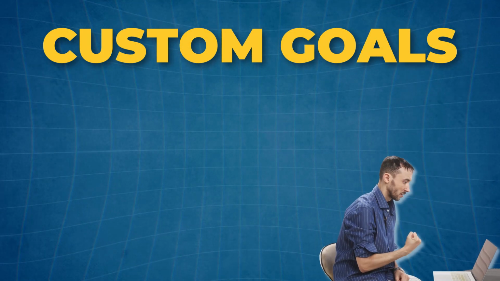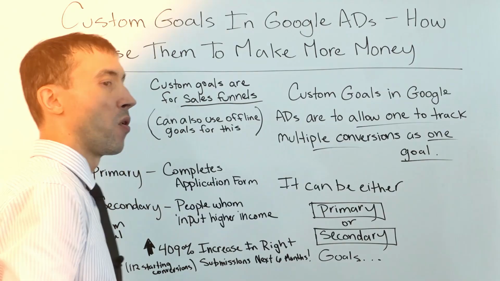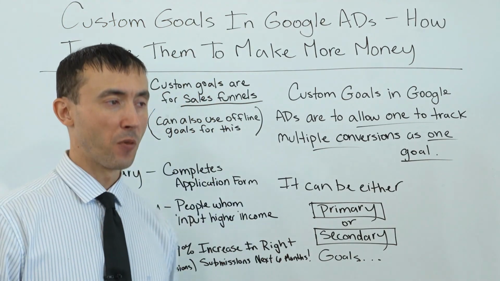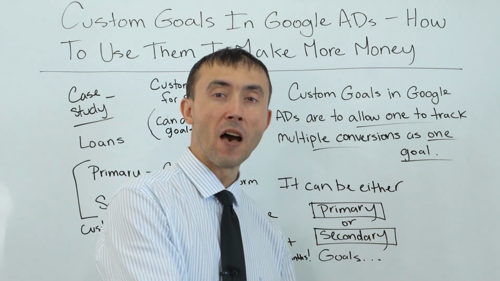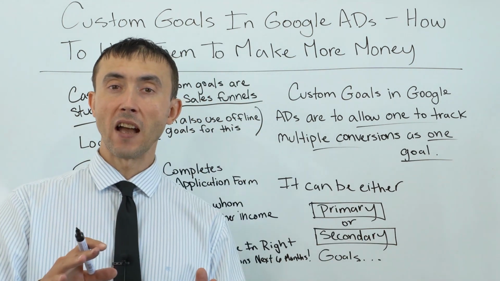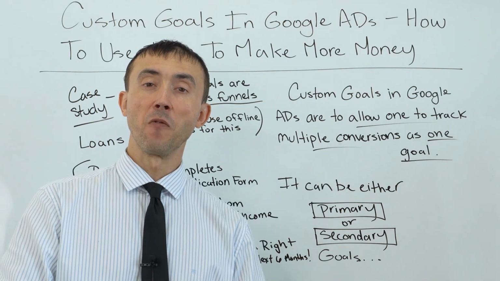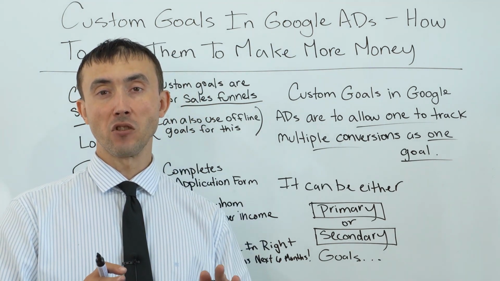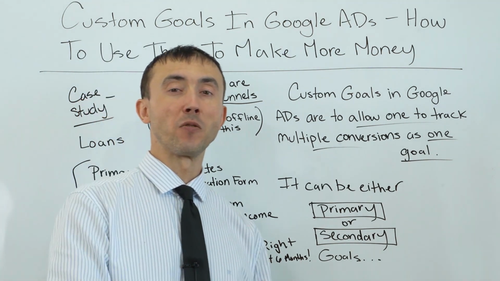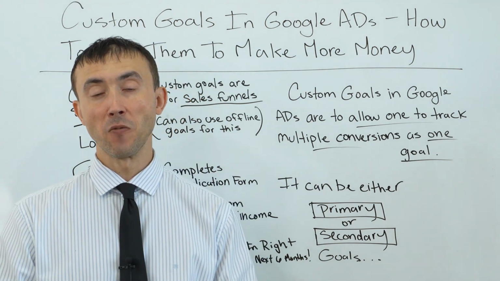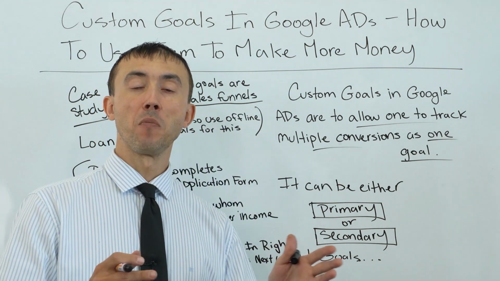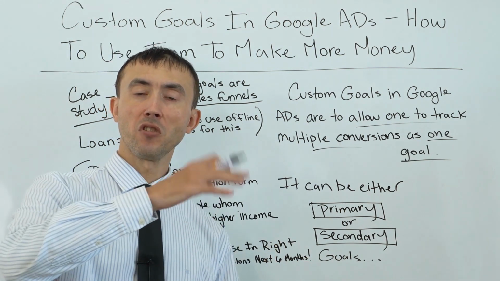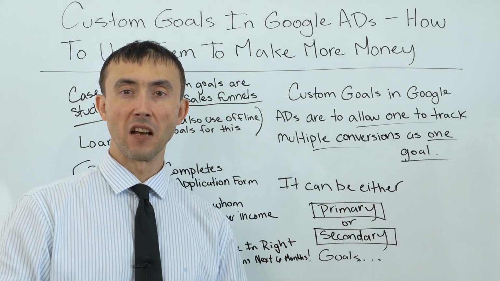Now, custom goals in Google Ads allow you to track more than one conversion at once. So if you wanted to, for whatever crazy reason, track somebody if they call after clicking on your ad, and whether they fill out a form, and you wanted to actually value and optimize for leads that did both, they filled out the form and then they called, indicating they're more of a buyer, you could set up a custom goal in Google Ads, which is at the bottom of the conversion menu.